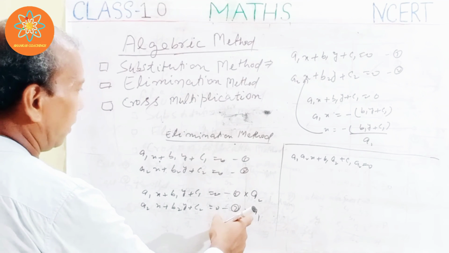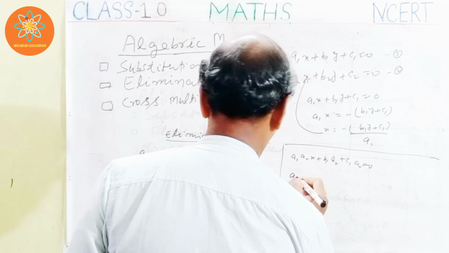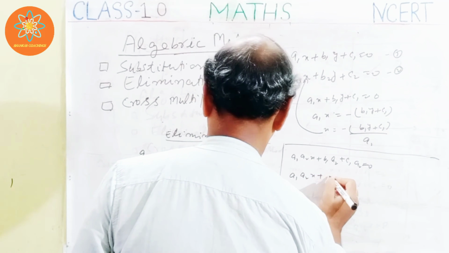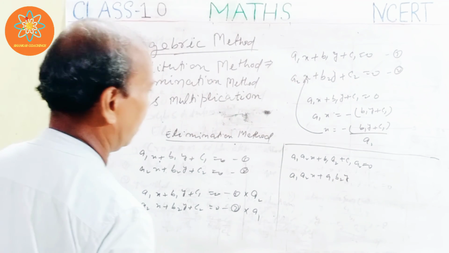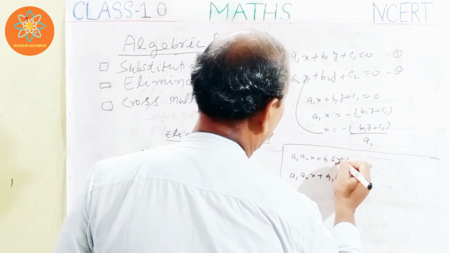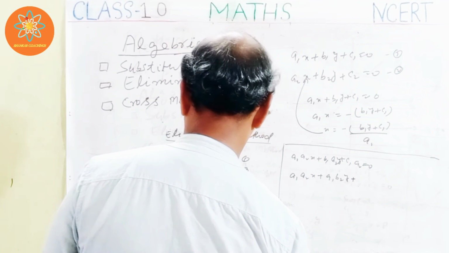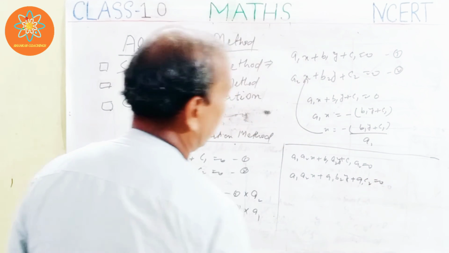And if I multiply by a1, I will get a1 a2x plus a1 b2y plus a1 c2 is equal to 0.